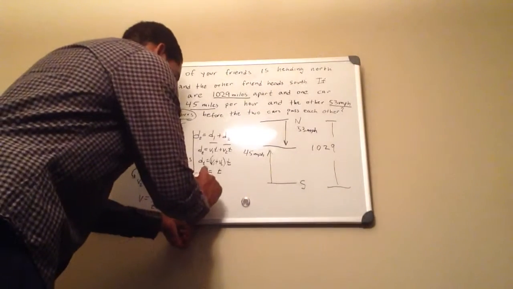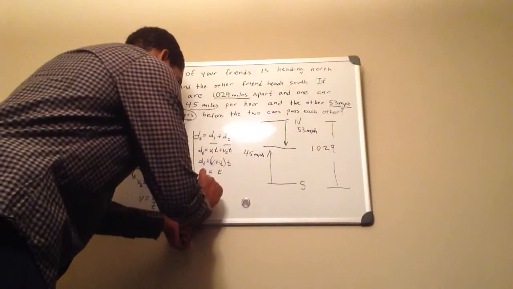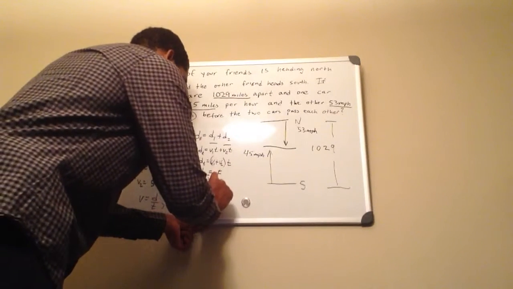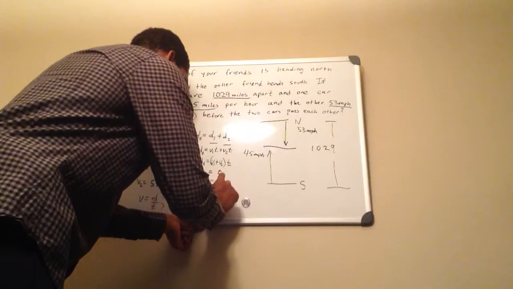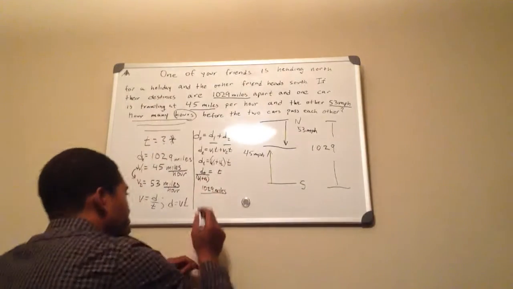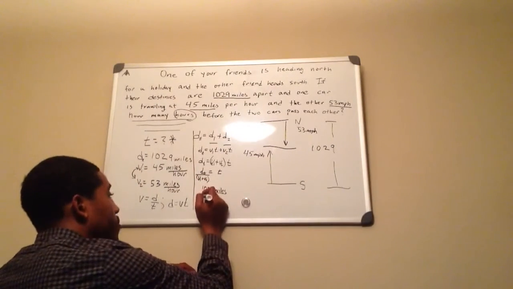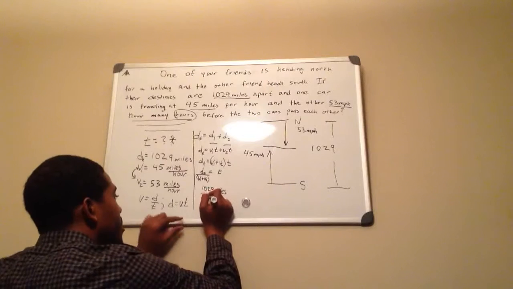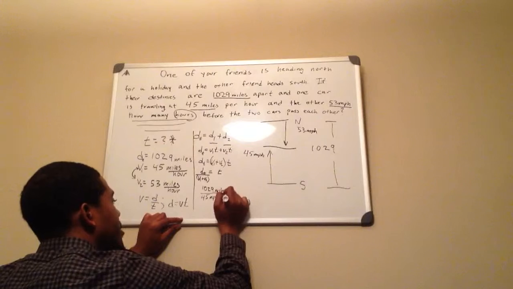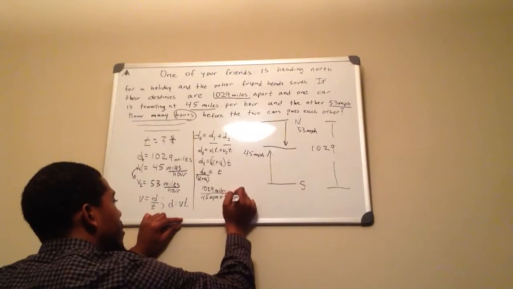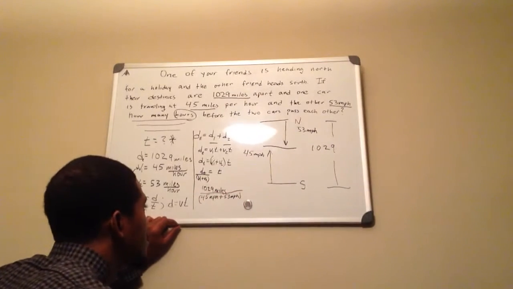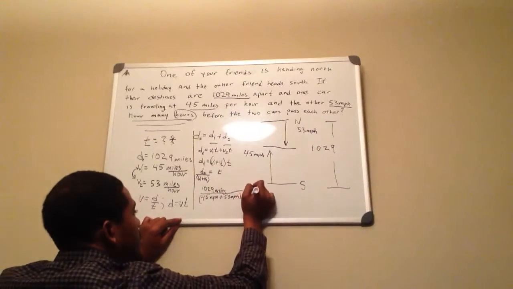So we say 1,029 miles divided by 45 miles per hour plus 53 miles per hour equals the time.